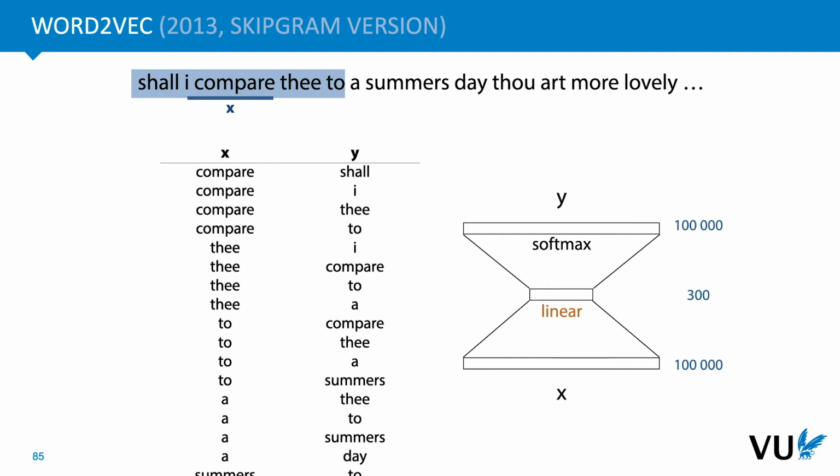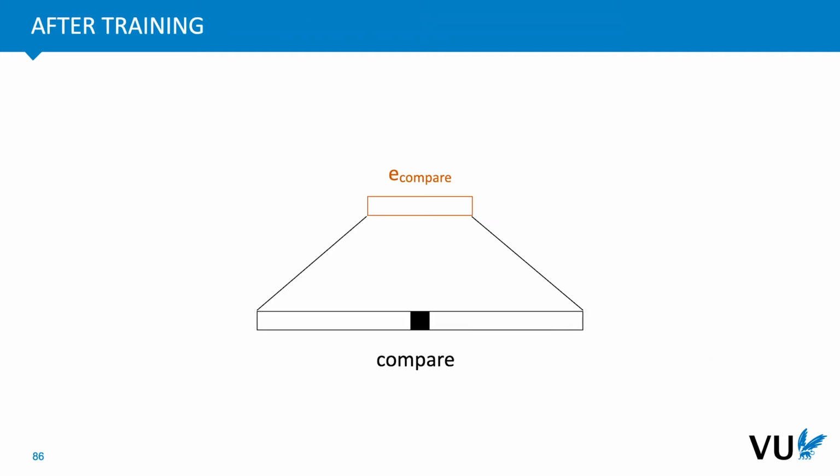And if we train this until the loss converges, what we can do is split up the neural network, throw away the second layer, keep only the first layer, and let the values on the hidden layer be our embeddings for the words. So our embedding for the word compare is the 300 values that we get on the hidden layer if we feed it the one-hot vector for compare.